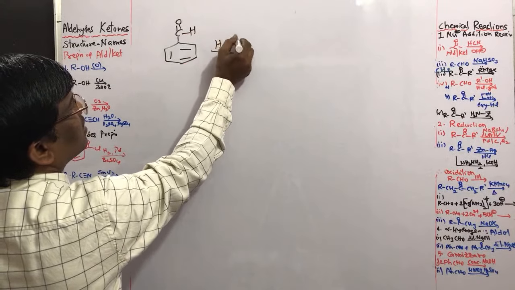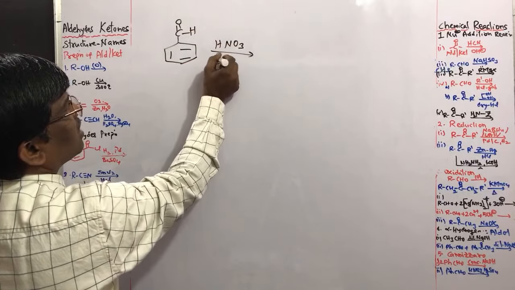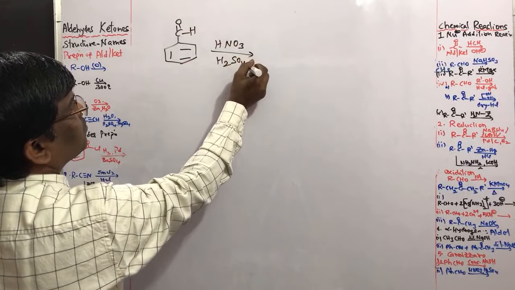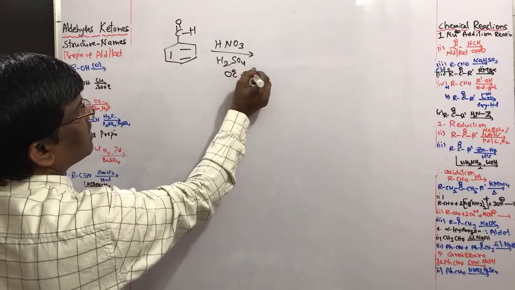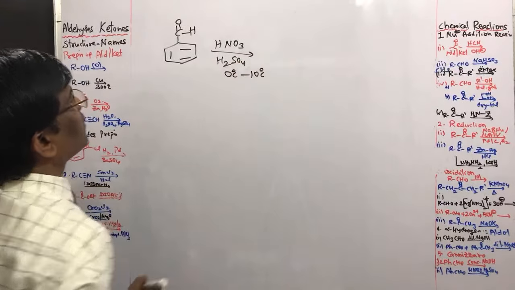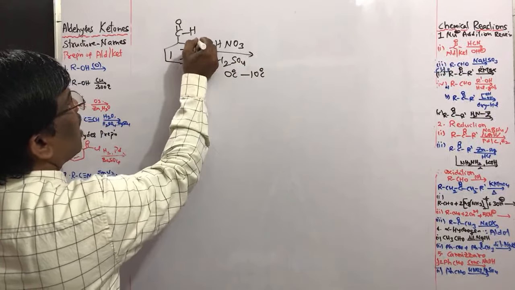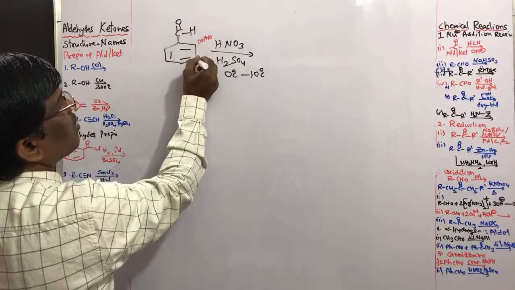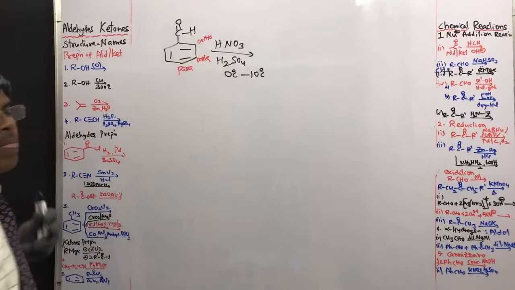If I do nitration, what is the nitrating mixture? Nitric acid, sulfuric acid, and usually it is done at 0 to 10 degrees centigrade. It is enough, right? So these are the positions: ortho, meta, and para.